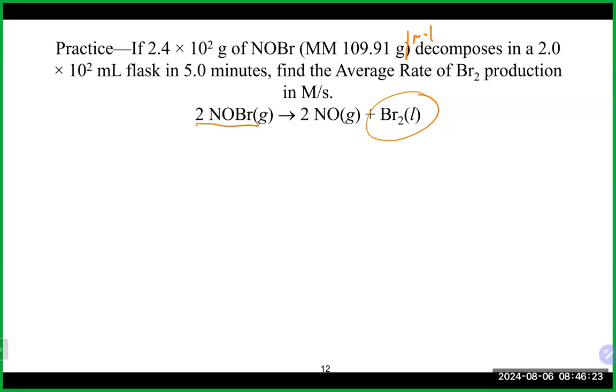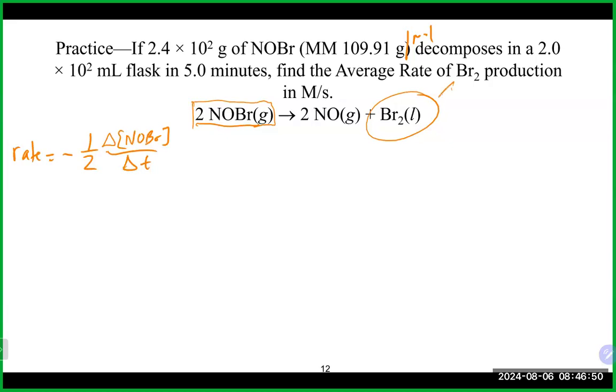So once again, the best thing to do is focus on the two things that are obviously involved here. We could write a rate expression for each of these. The rate is equal to minus, because NOBr is a reactant, 1 over the coefficient, which will combine the stoichiometry part of the calculation, times the change in the concentration of NOBr over the change in time.